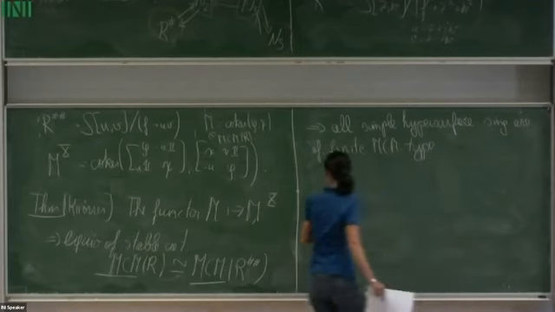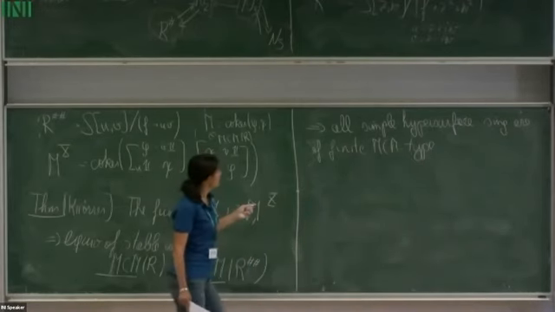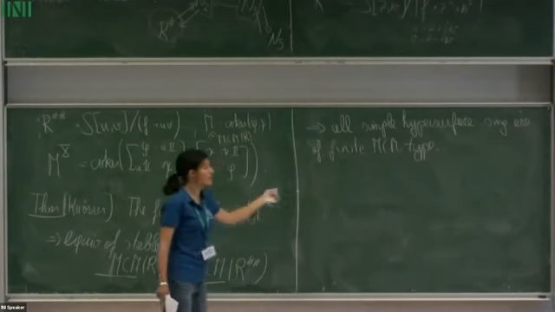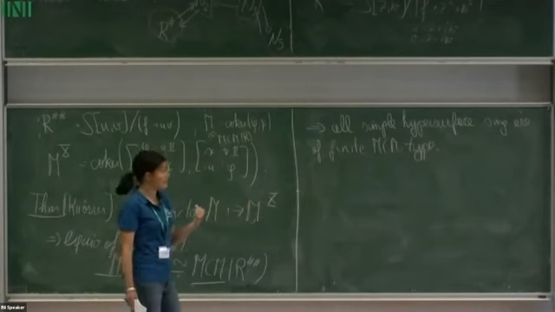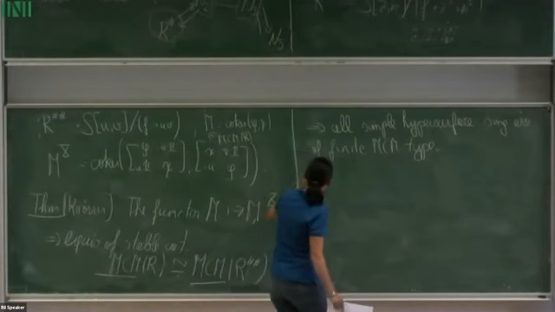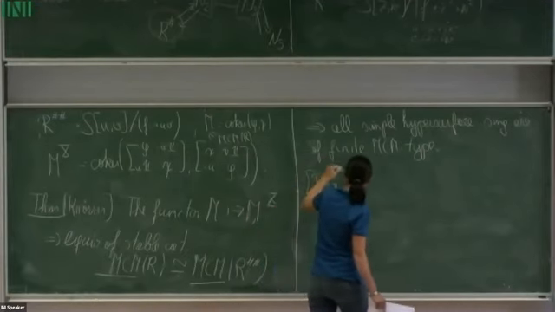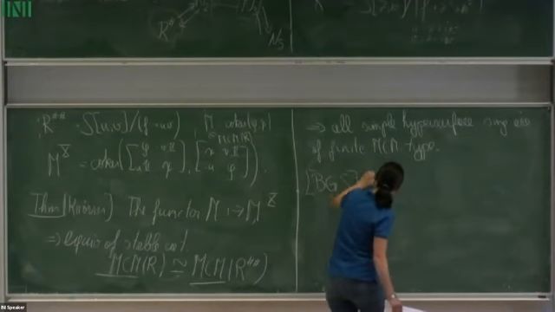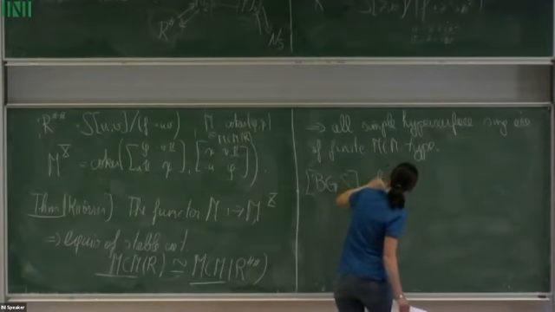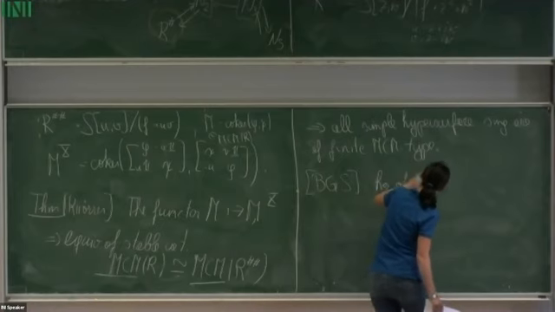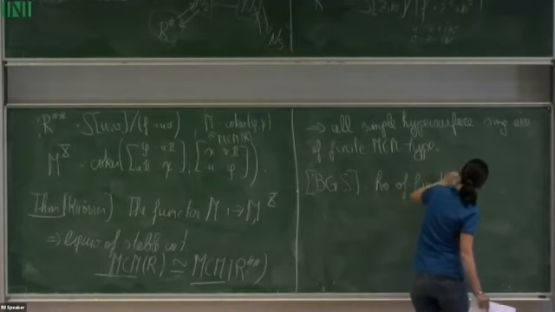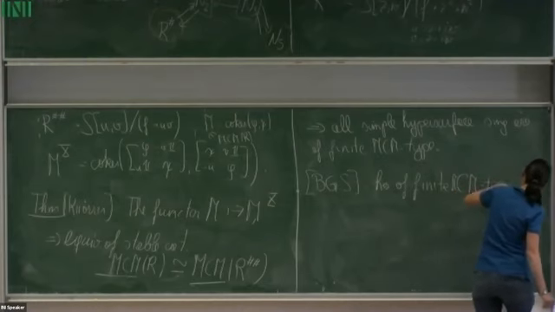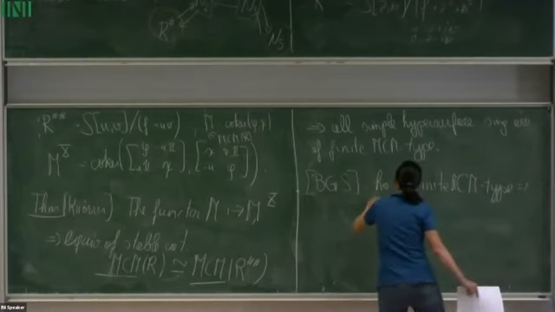And then the other direction is, if I have a hypersurface of finite Cohen-Macaulay type, to show that it's actually an ADE hypersurface. So this is done in Buchweitz-Greuel-Schreyer. So hypersurface of finite MCM type is ADE.